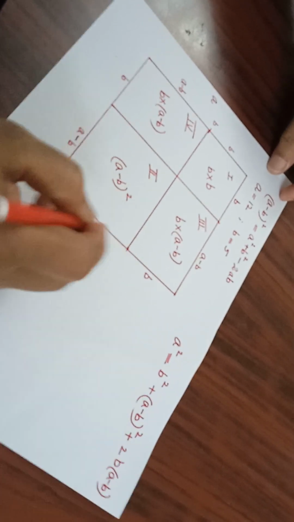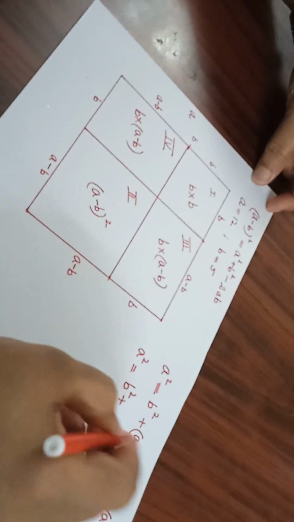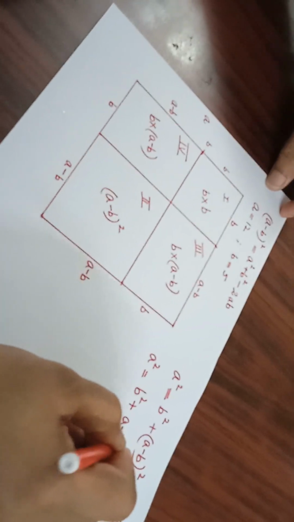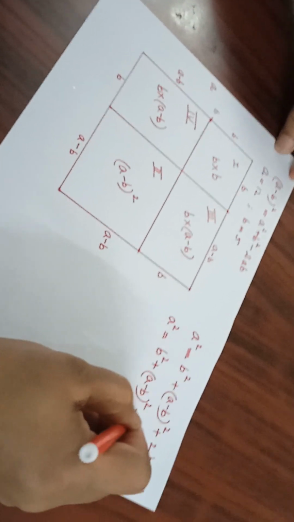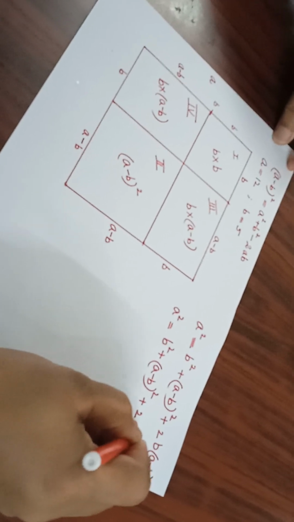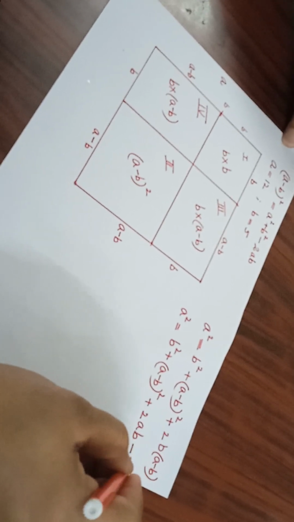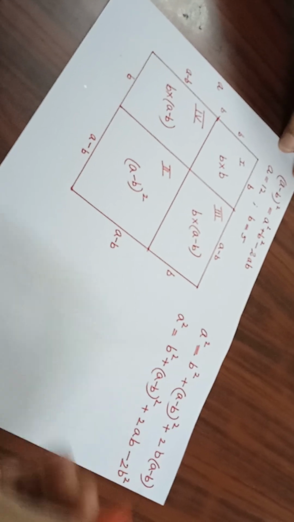I think it's clear for you. Now, a square is equal to b square plus (a minus b) the whole square plus 2b multiplied by a, which will be 2ab, and 2b multiplied by minus b will be minus 2b square.